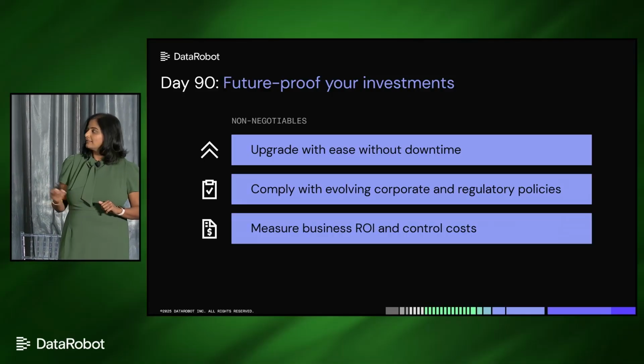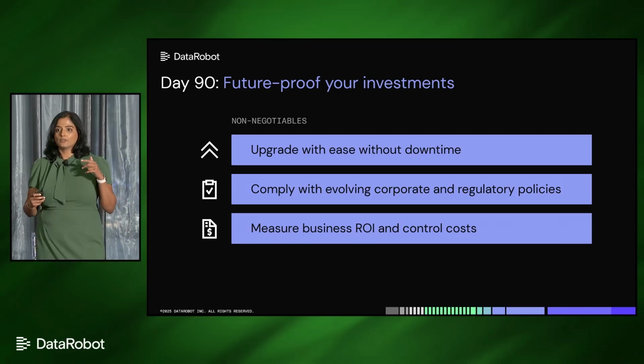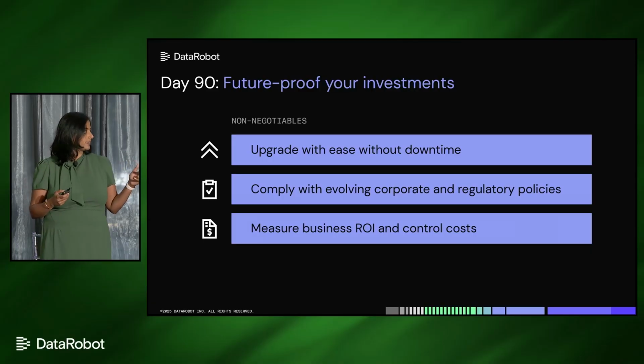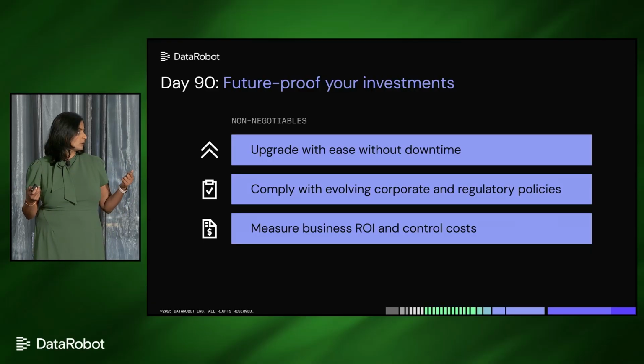And then finally, as Luke showed us, you can measure your costs, you can put controls around it, and you can also define metrics that are custom to your business to be able to reflect how you're delivering value over time to your internal stakeholders so that you can be very data-driven in delivering ROI on your agentic AI investments.